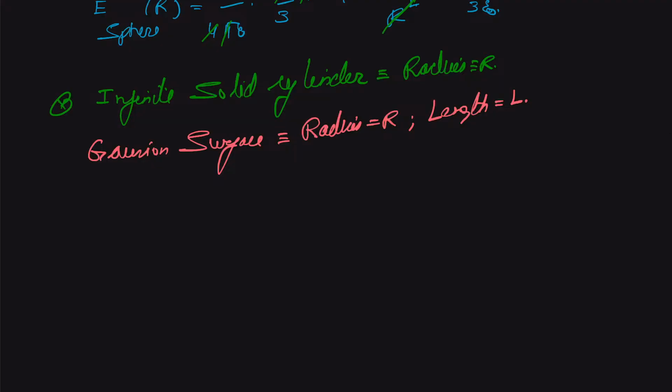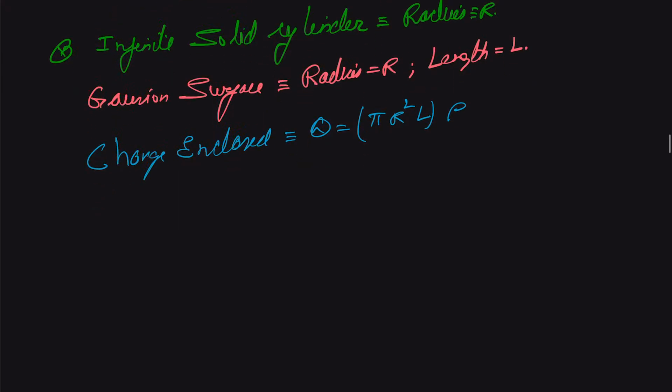So therefore we can find out the charge enclosed. This charge enclosed will be our q, and that will be equal to pi r square l, that is the volume, multiplied by the charge density.